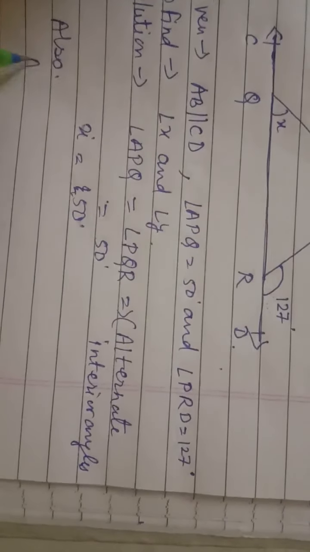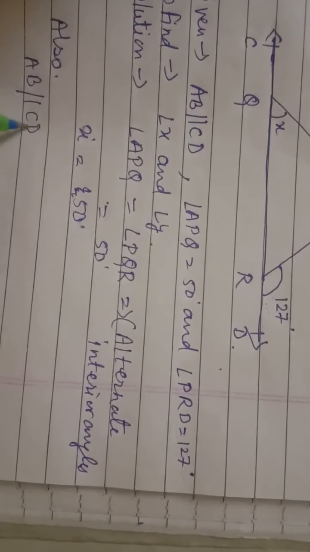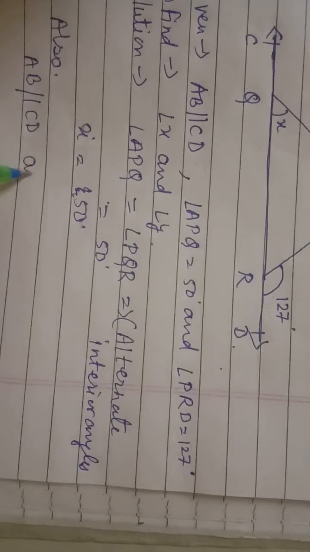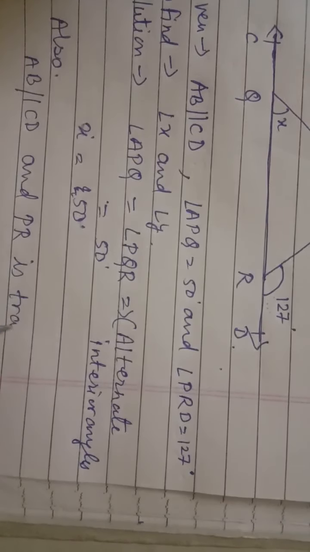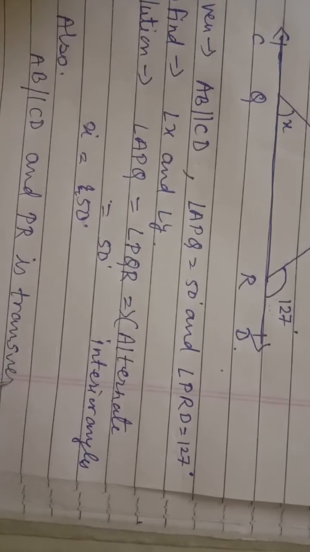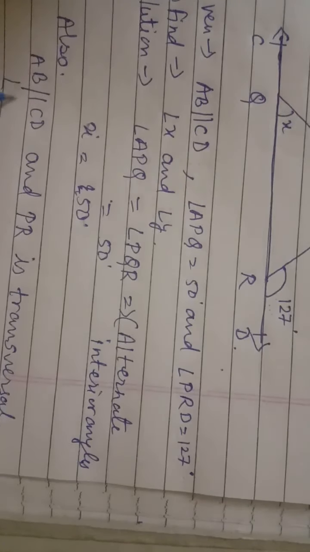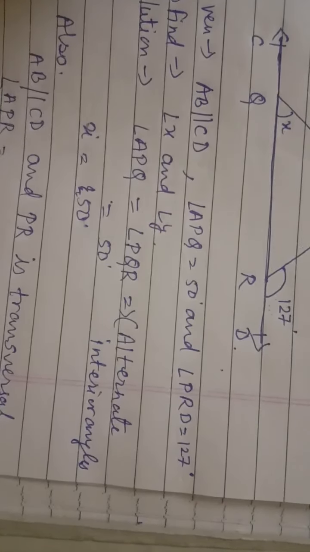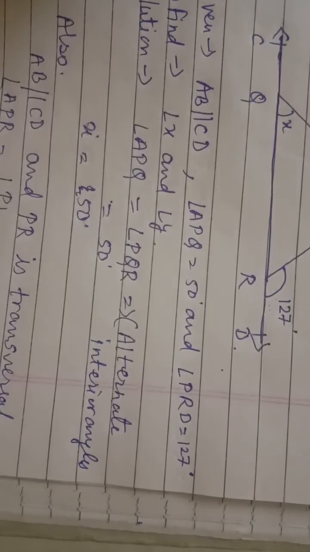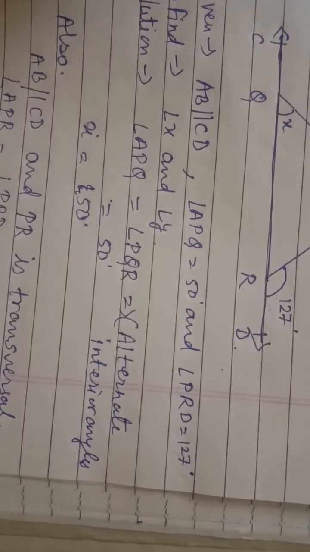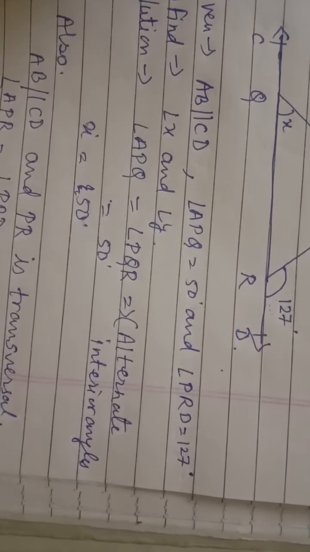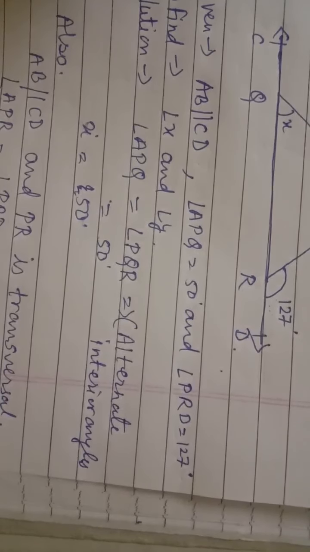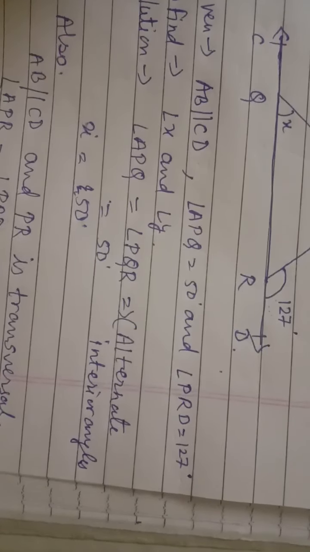AB is parallel to CD, transversal is PR. So angle APR is equal to angle PRD, which is equal to 127 degrees by the alternate interior angle property.